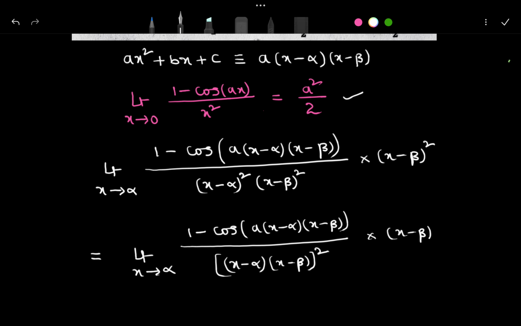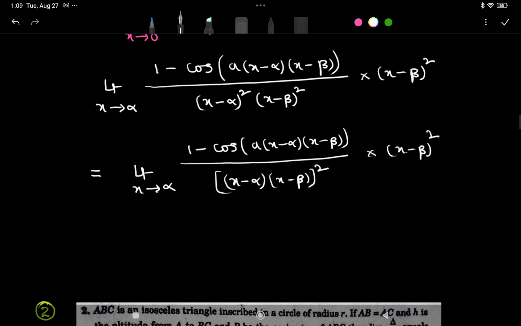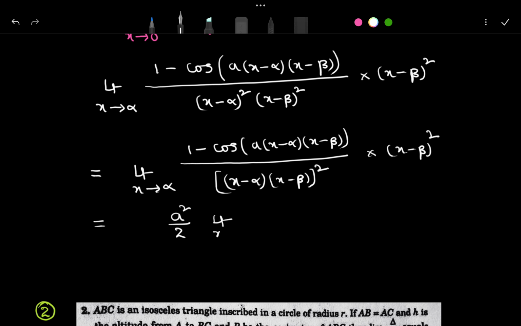So now for the first factor you apply the formula. So what is that formula? That will be equal to a square by 2 into limit x tending to alpha of (x minus beta) whole square. So now this total value will be equal to (alpha minus beta) whole square into a square whole divided by 2. This is our answer.